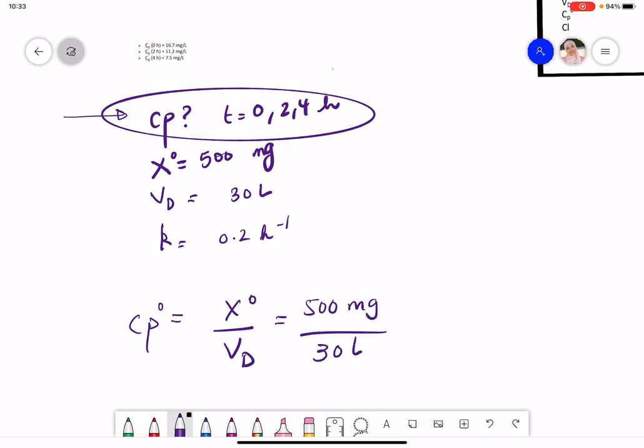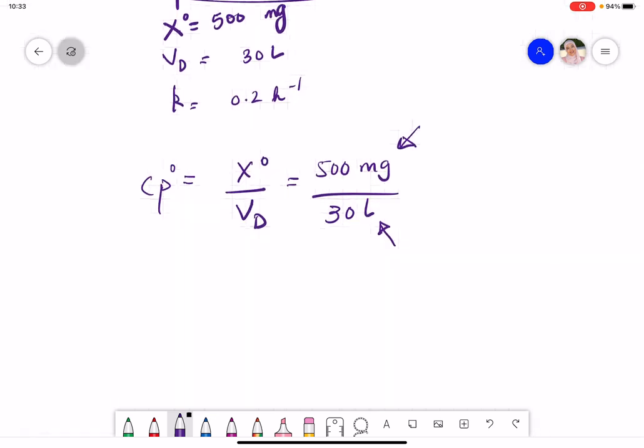And be sure that you are using the proper units in your calculation, and just make sure that it's the same unit you have in the options of your question. This will be equal to 16.67 milligram per liter.